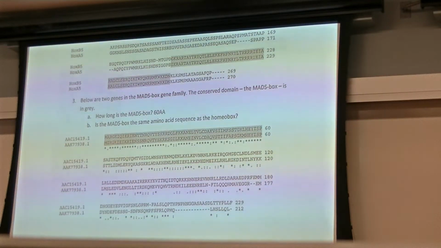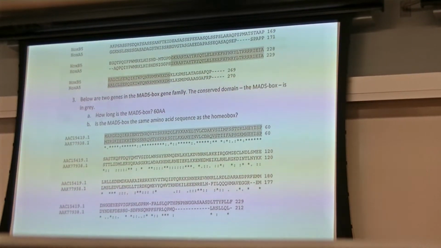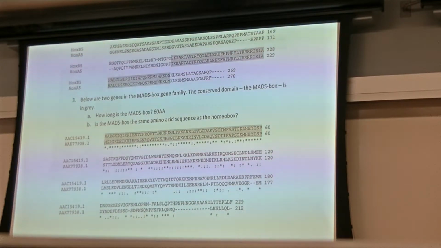One might specify the head, a different one the tail, so their individual identities are not the same, but they have that common theme of this is what I do in life as a gene, and this is how I do it as a transcription factor. But the fundamental criterion for getting entrance into the homeobox gene family is that you have to have a homeobox. You have to have that particular sequence.